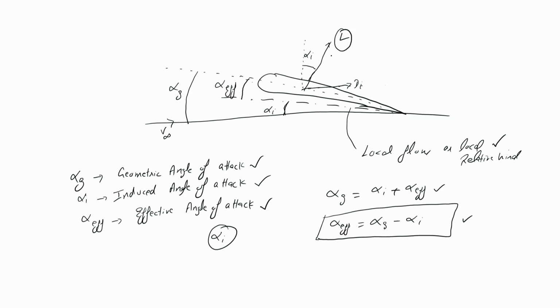There is one component of lift which is contributing towards the induced drag, which we can write as Di equals L into sine alpha I. Since alpha I is small, we know that for small angles, sine theta is approximately equal to theta and cos theta is approximately equal to 1.